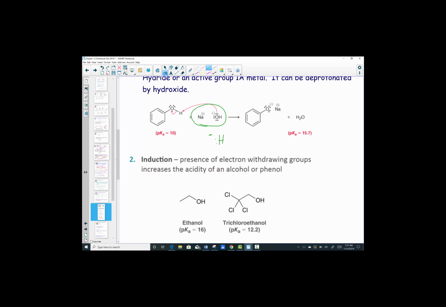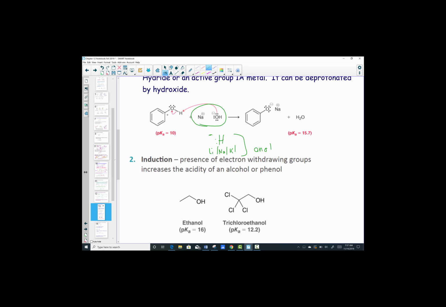Hydride, or an element such as sodium, potassium, or lithium, those first family metals, they must be used on an alcohol that has an ane-ol ending. They need a strong enough base to remove the proton.